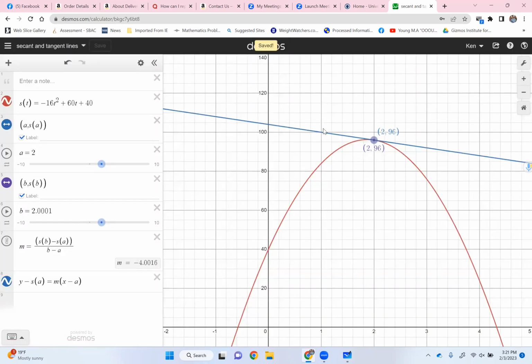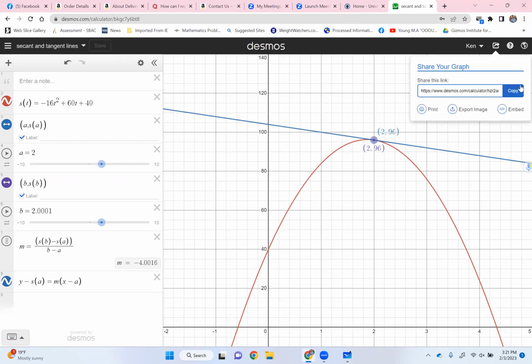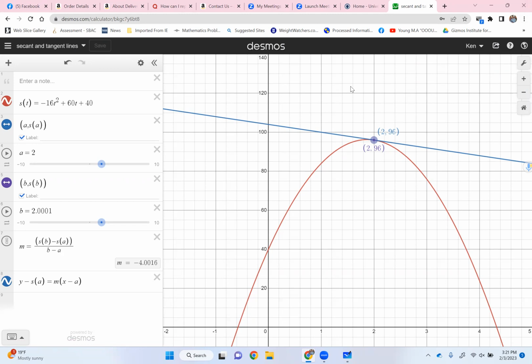And now you can use this as a little tool. I'll send you the link, because if I go over here, it gives me a link. I'm going to send you that link, and you can use this to help you answer the questions for the homework.